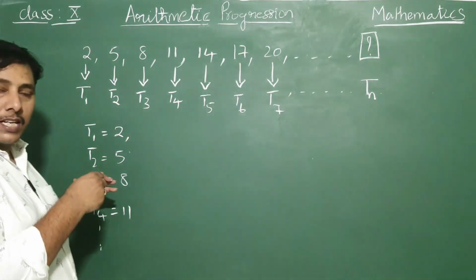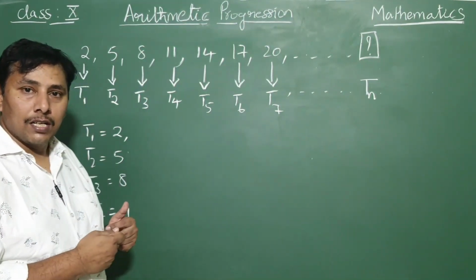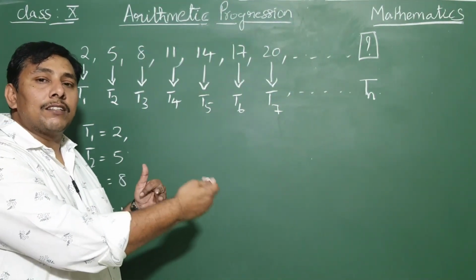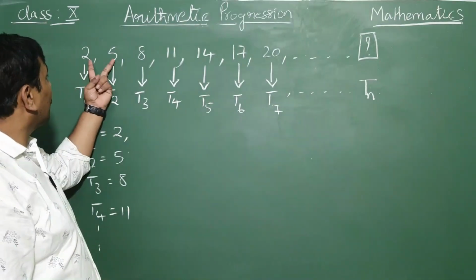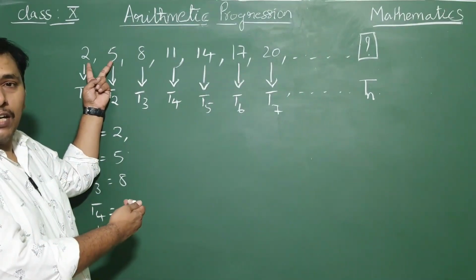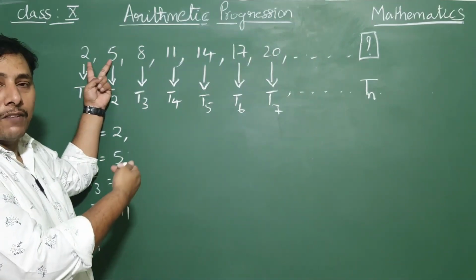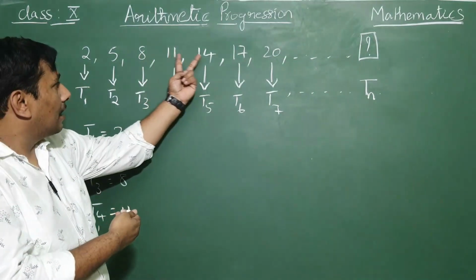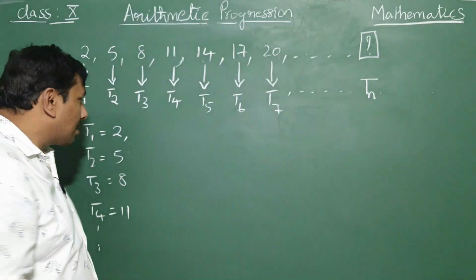Now let us see whether this is a sequence or not. How do we check? If you look at the difference between consecutive terms, and the difference remains constant, then we can say it is a sequence. So let us check.